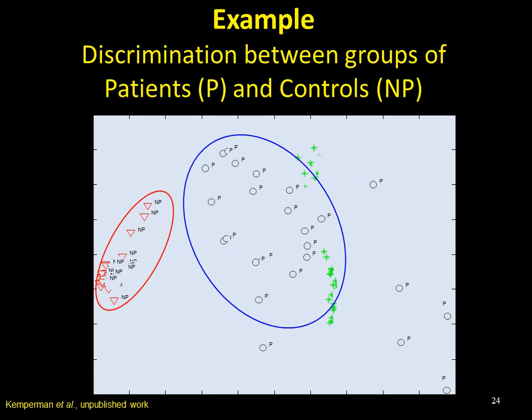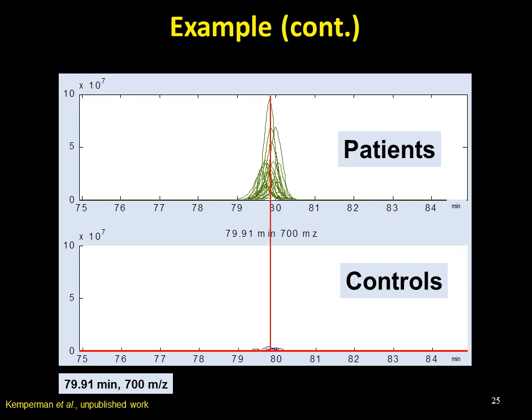These molecules are indicated as green little stars, and these molecules are increased in concentrations in the patients. When we look at one of these molecules that we identified, then we can see that patients have a significantly higher concentration in urine in this case than controls. The molecule is almost absent in the controls.